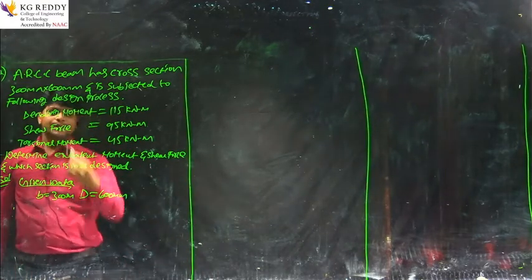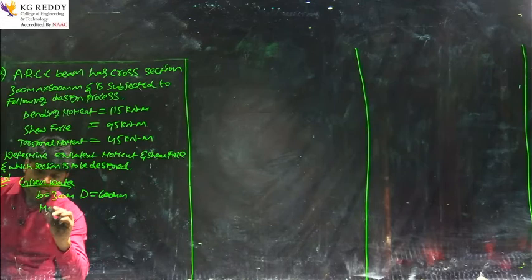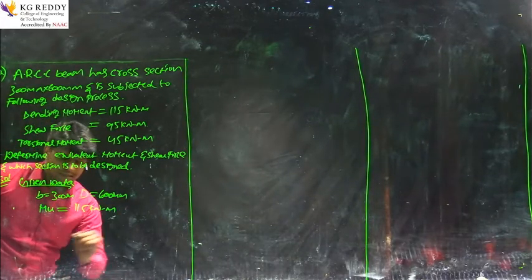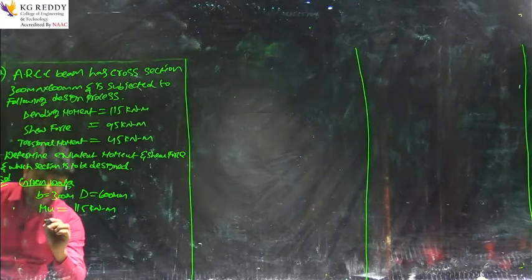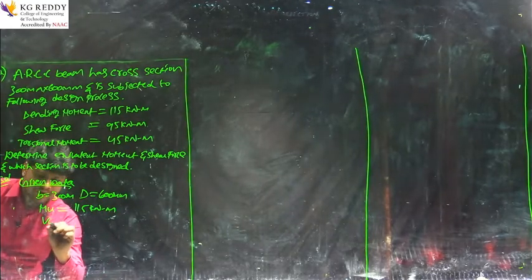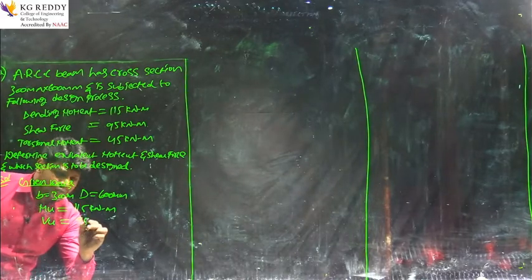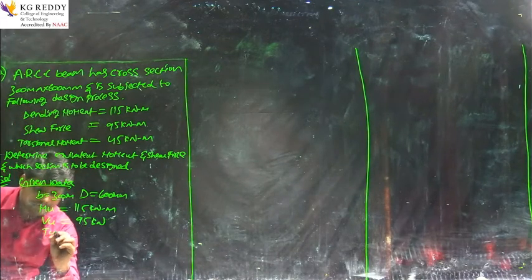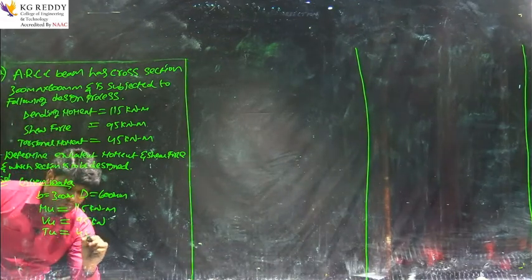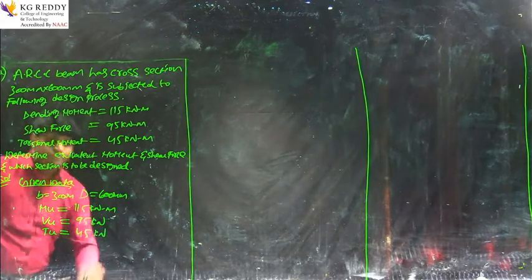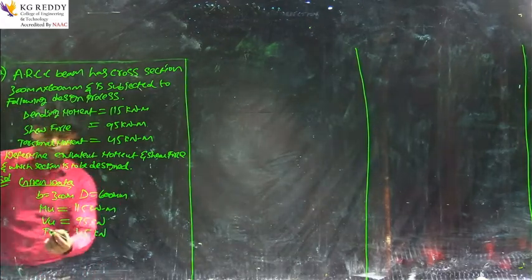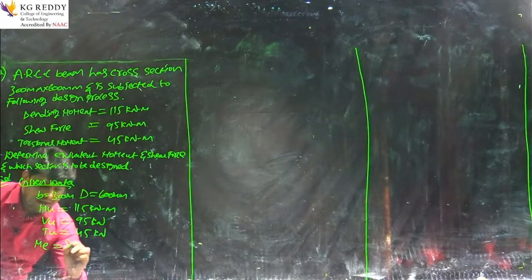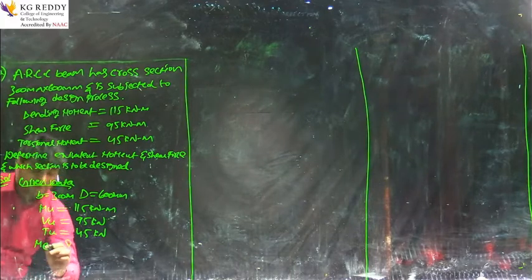Now the bending moment, or design moment, M equals 115 kilonewton meter, and the shear force, or design shear force, V suffix U equals 95 kilonewtons, and the torsional moment T suffix U is 45 kilonewton meter. These are the data given. We have to find the equivalent moment, M suffix E, and also calculate the equivalent shear force.